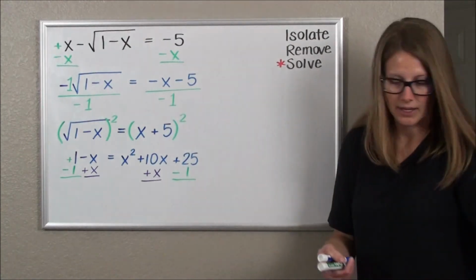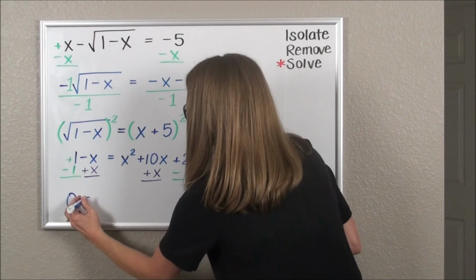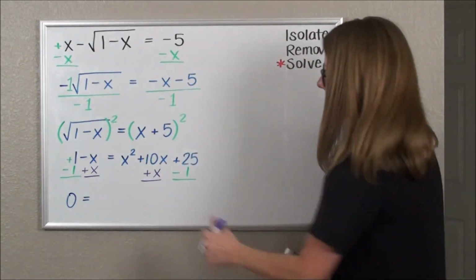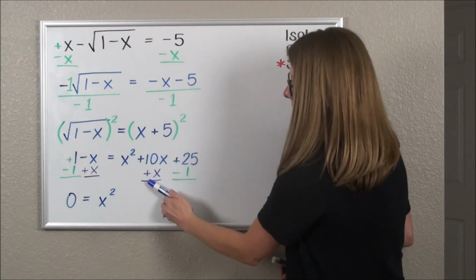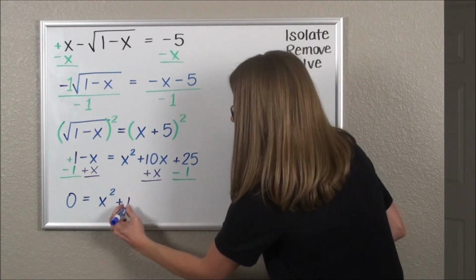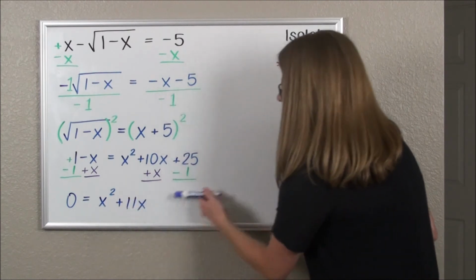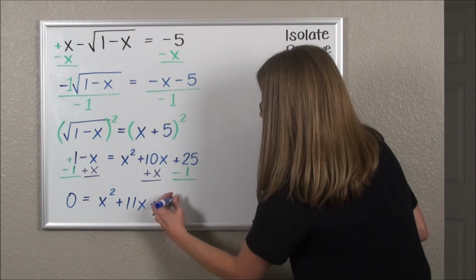And so on the left side, everything cancels away and we have 0. On the right side, I have my x squared. I have 10x plus x. You can think of that as 10x plus 1x, which gives me 11x. And then I have 25 minus 1, which is 24.